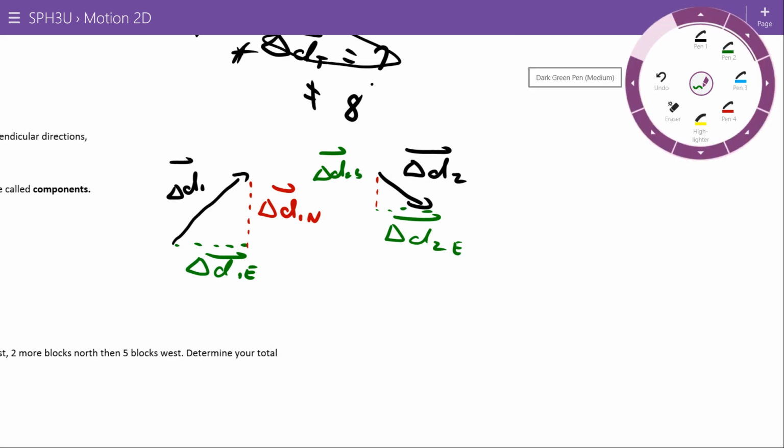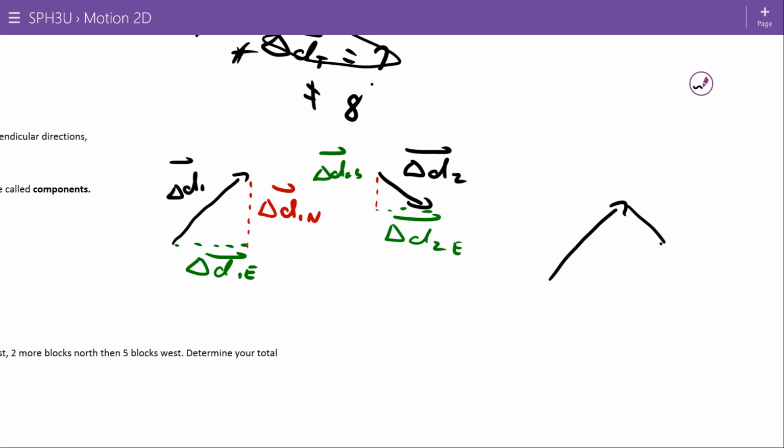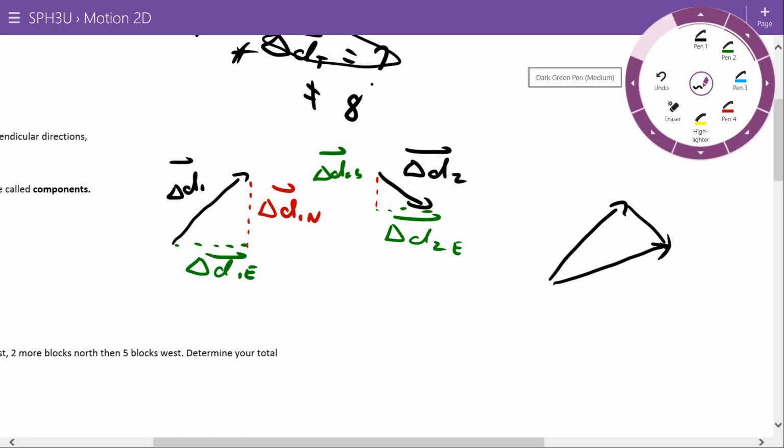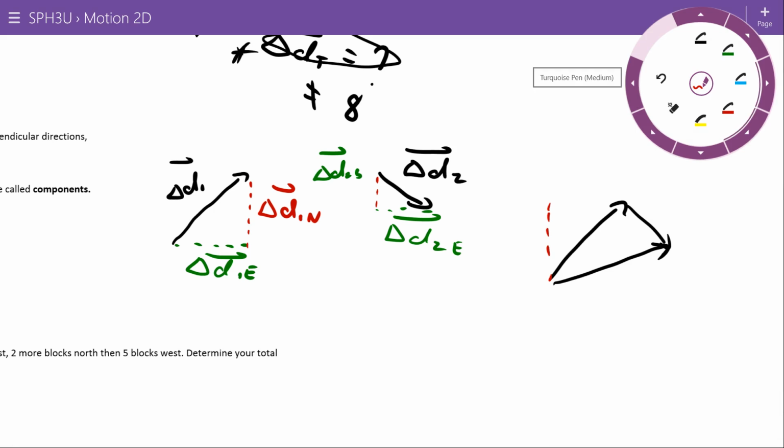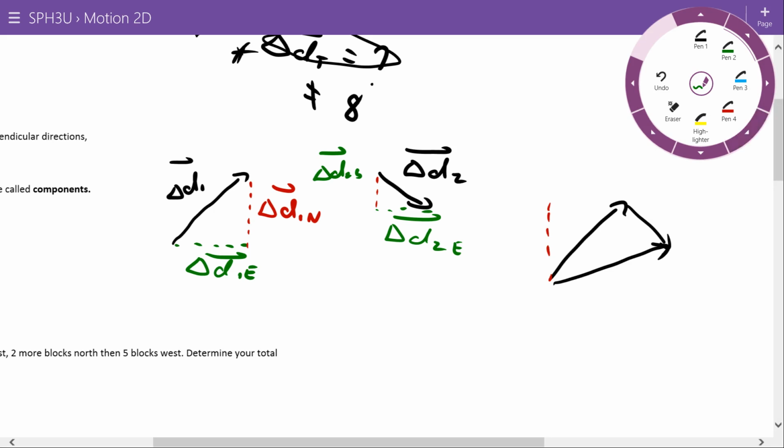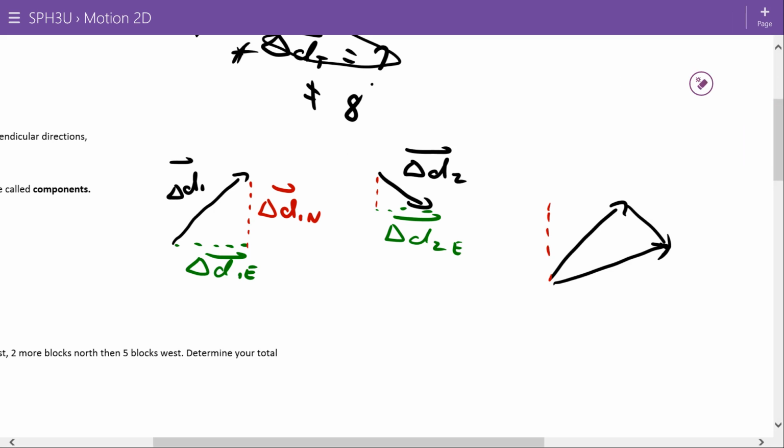But what we're actually saying here is if you went up like this and then you came down like that to get this total displacement, this can be represented as if you went this way and then delta d2 south. I wanted that in red so that all of my north and south stuff is in red.